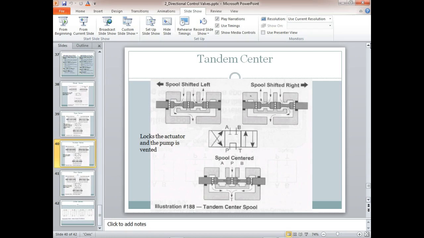Do we have those different actuators here? Unfortunately, no, but you've seen them. Well, some of them you've seen, but some of them are so easy to understand. If you understand the way a single acting cylinder works, and you understand how a double acting cylinder works, then you understand how a cylinder works, right?